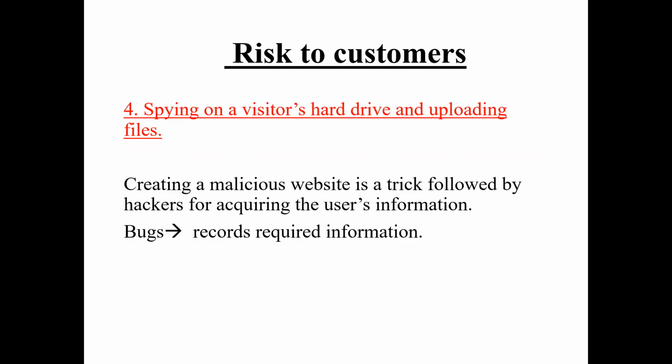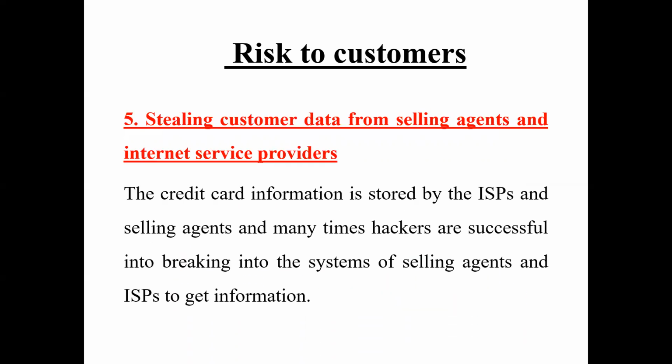Then is spying on visitors' hard drive and uploading files. This type of risk is when a business creates a false website for getting information about the visitors' hard drive, and they learn what kind of files are being uploaded, and they keep bugs in their website so that they can record the required information.